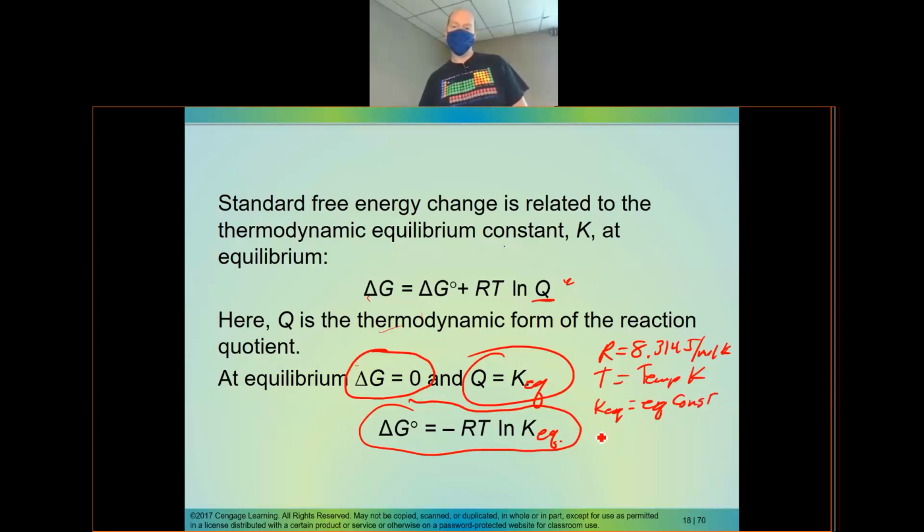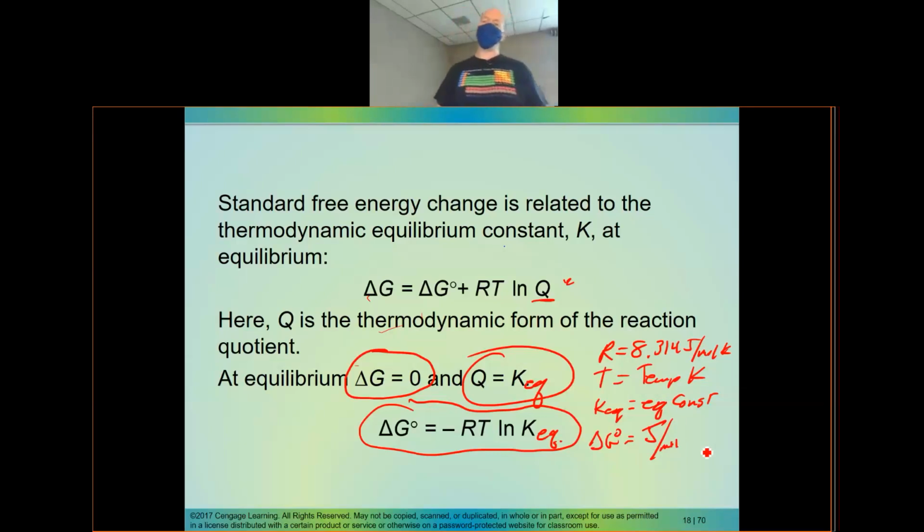And now your delta G naught, that's your Gibbs free energy. But the units for this Gibbs free energy, since you have 8.314 joules per mole Kelvin, this has to be in joules per mole.